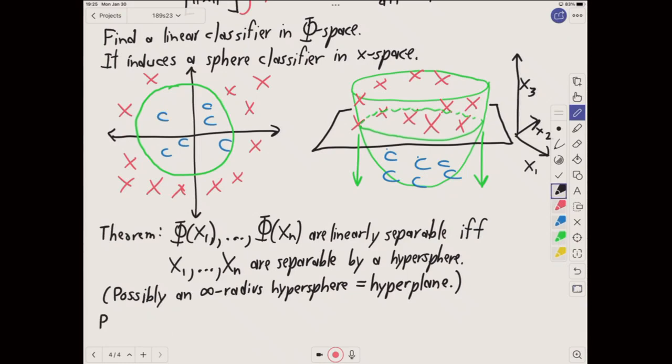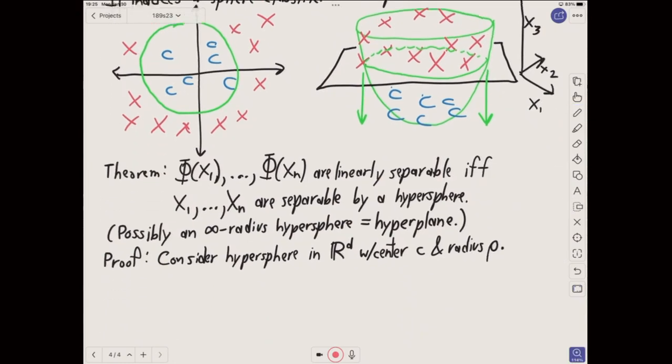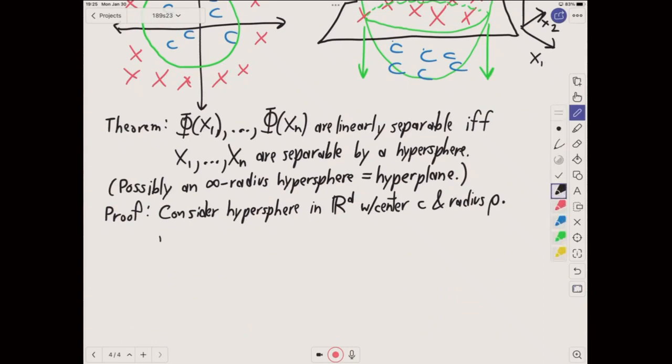Anyway, leaving aside that technical detail, let me just focus on the heart of why this is true. So let's just consider a hypersphere in the original d-dimensional space. And let's suppose its center is c, and its radius is the Greek letter rho. Then what are the points inside this sphere?